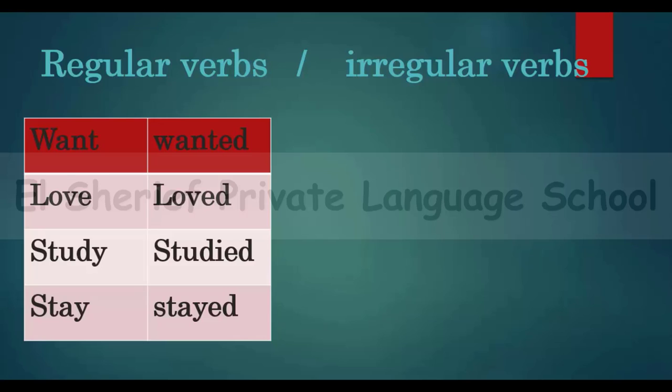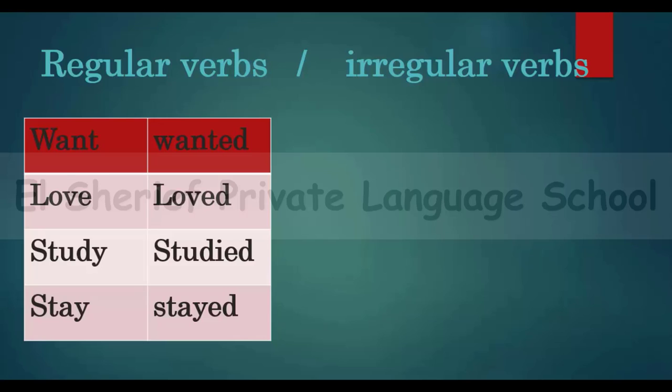Study ends with y, and before y we have a consonant sound, d, so we turn y to i and we add ed, so we said studied. We turn y to i and add ed, so y turns to ied.